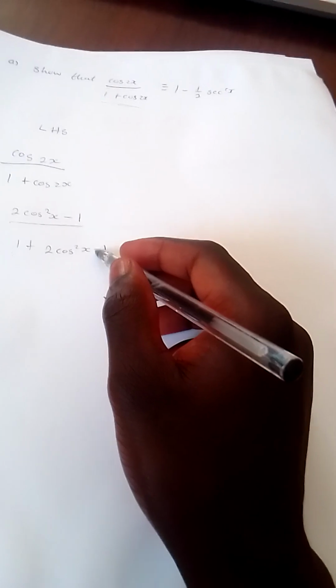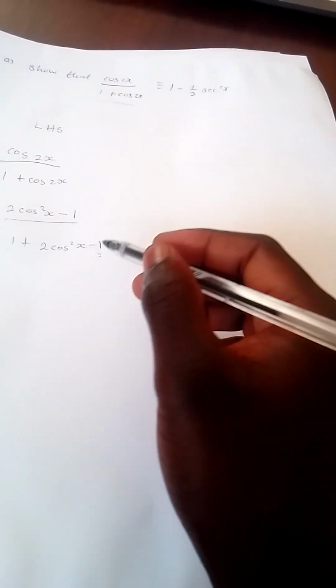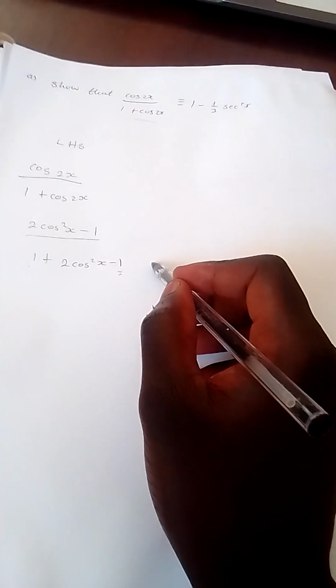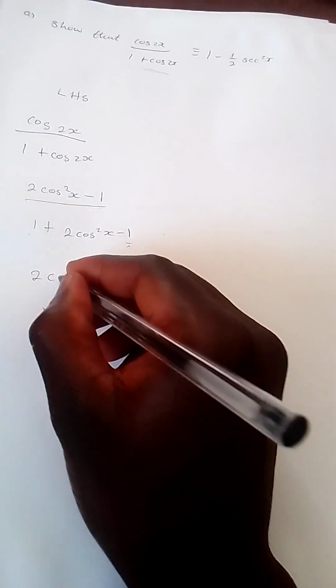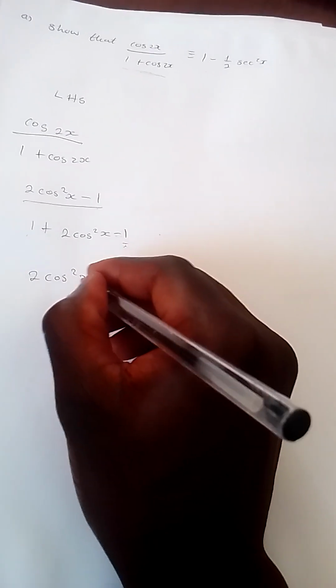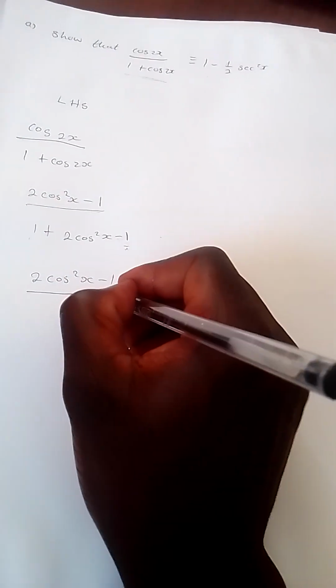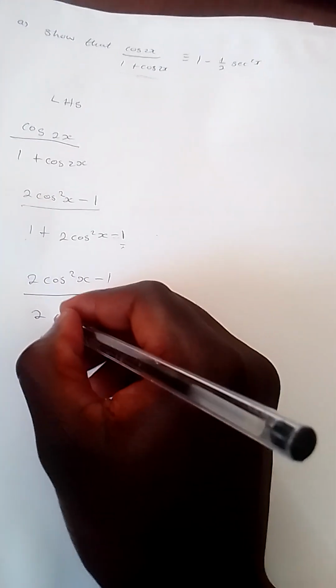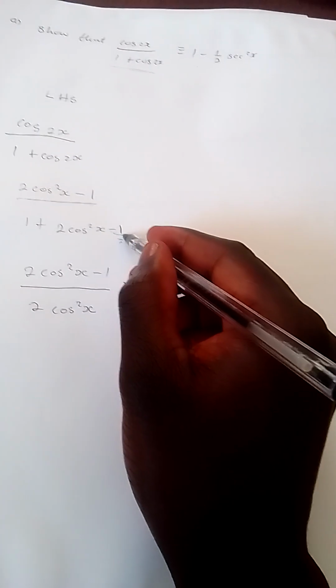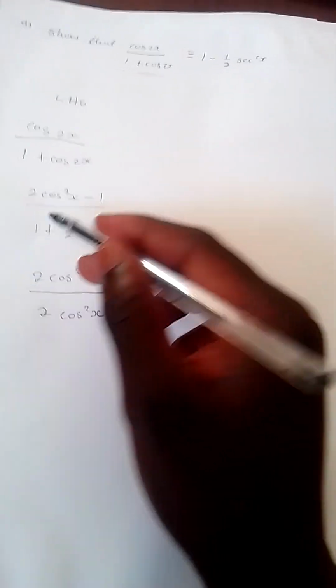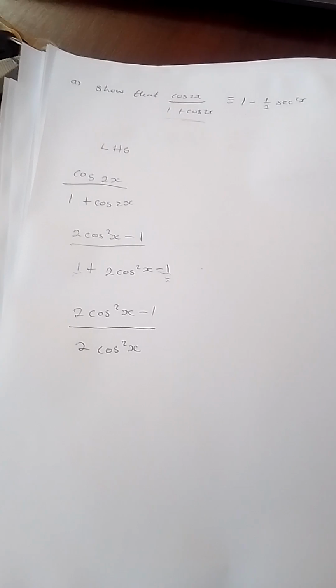But this one is negative and this one is positive. So negative 1 plus 1, you are going to get 0 altogether. Now this is what we are going to have after collecting the like terms on our denominator: 2 cos square x. Remember, the negative 1 and the positive 1 have cancelled each other.